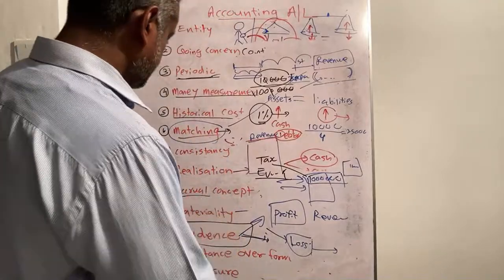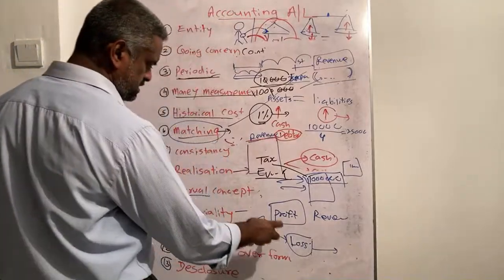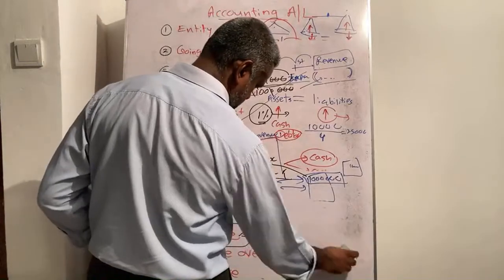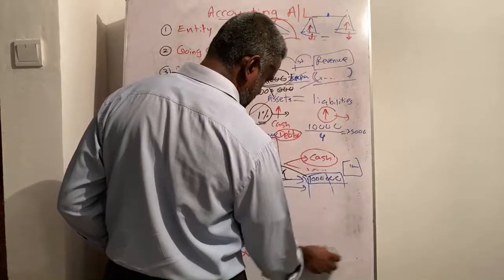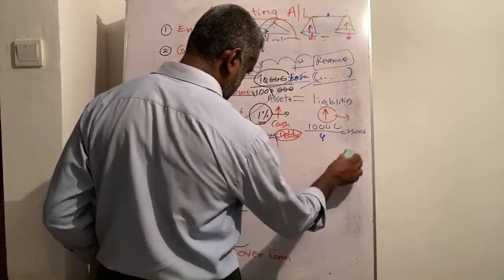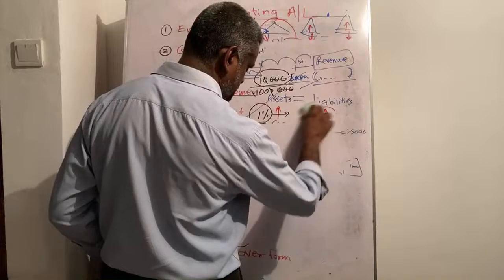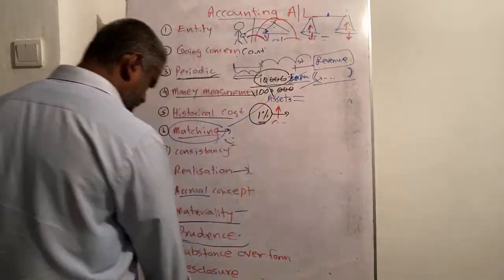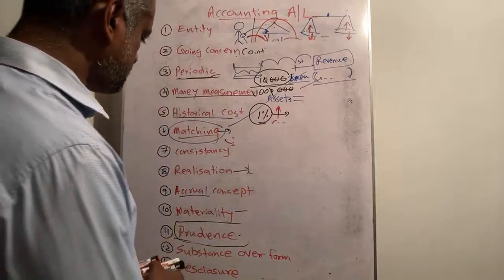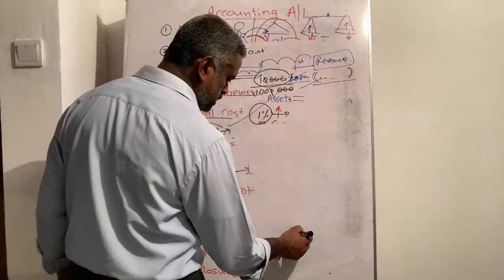Right? Okay. The next concept is substance over form. What do you mean by that? Substance over form. Very important concept. Substance over form in the sense, form is actually what happened.